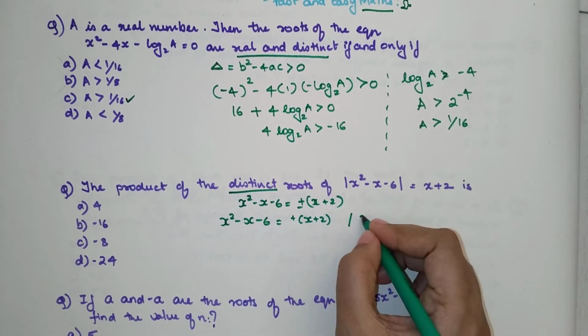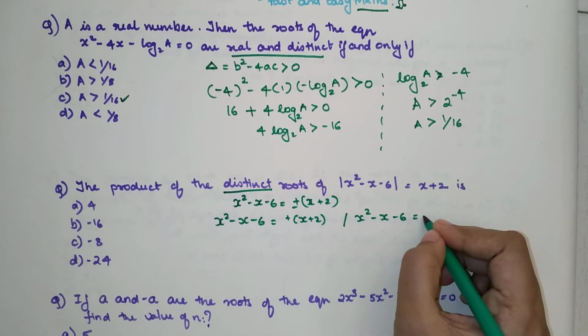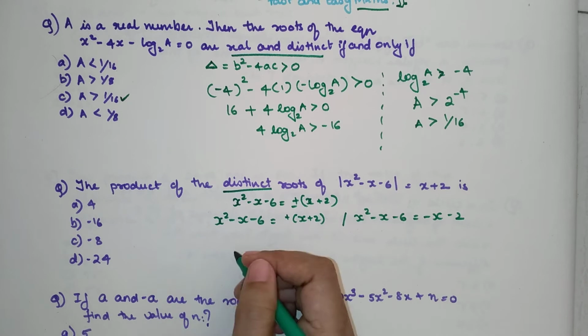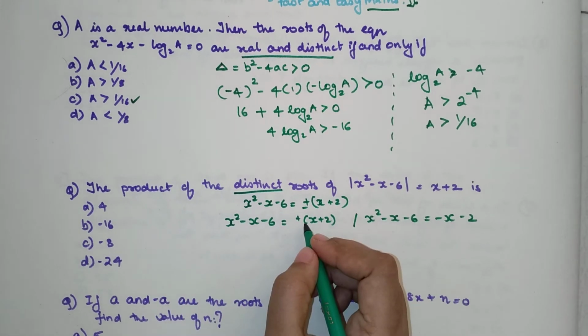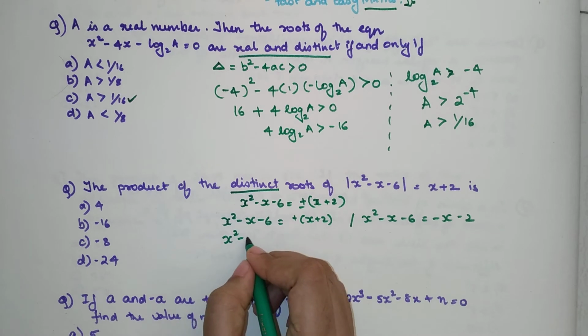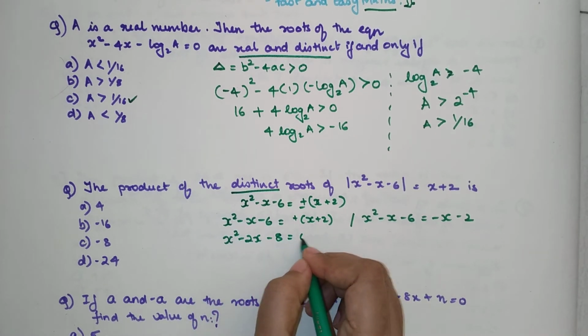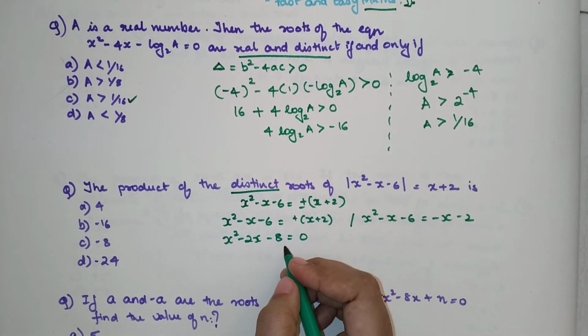And the next one we can say x square minus x minus 6 is equals to minus x minus 2. So when I shift this x and this 2 on this side, I get x square minus 2x minus 8 is equals to 0. Okay.